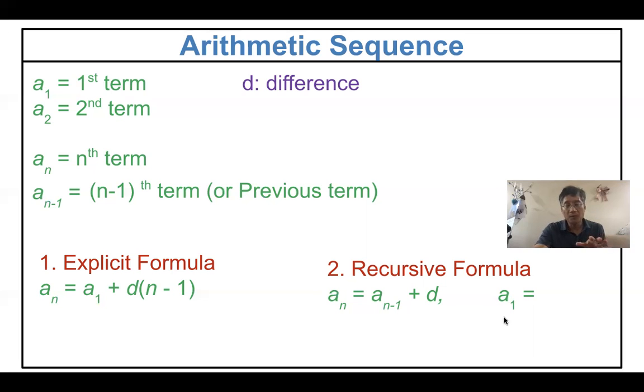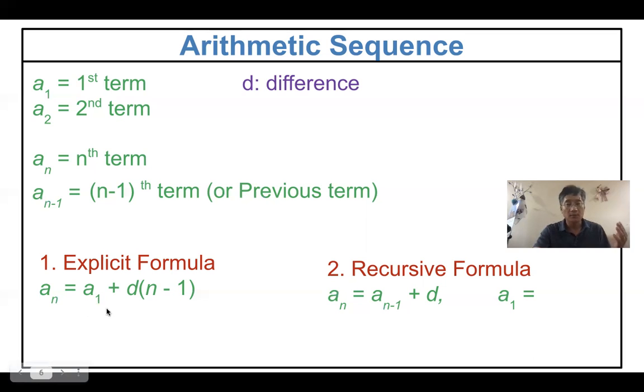So for the recursive formula, you should always write down A1, the first term. If you know A1, now you can get the next one, A2, and the next one, A3. You go step by step. But with the explicit formula, to get the nth term, you directly get the nth term without knowing the previous term.